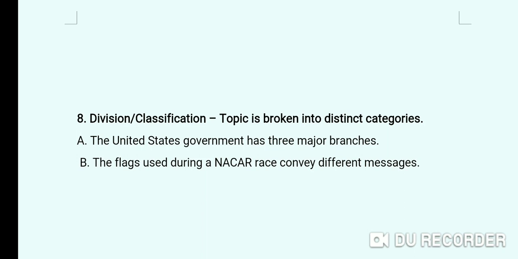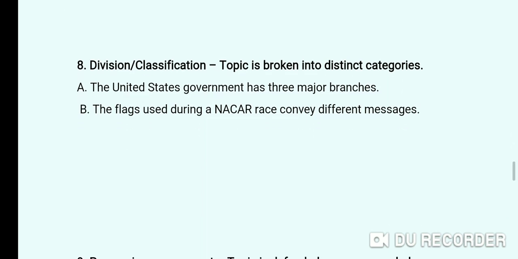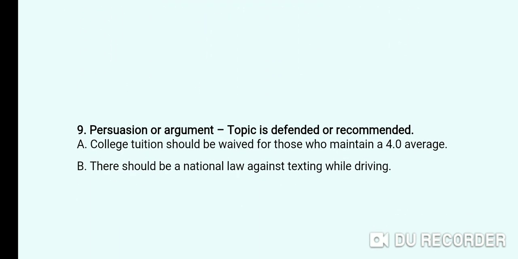So, United States government, and then it has 3 distinct categories: branch A, branch B, branch C. Similarly, the flags used during a NASCAR race convey different messages. Okay. So, car race, and then different flags are used there, and every flag has a different message. So, there is a division or classification of that one.